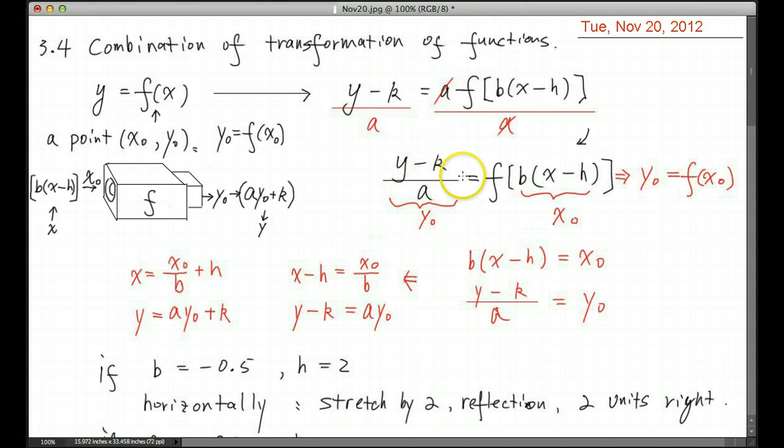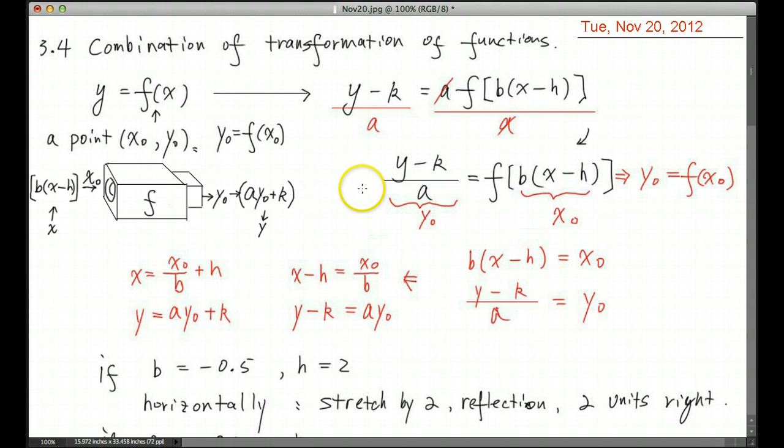Just to make it clear, there's nothing else on the right side except the f plus the bracket, and everything inside the bracket you don't change. So if you look at this, it's really like the original form, y equals f(x), except that there's something else here and something else here.